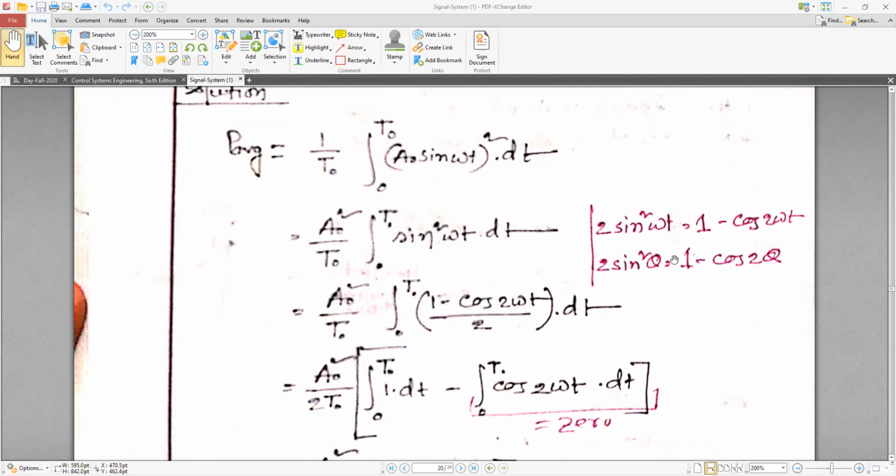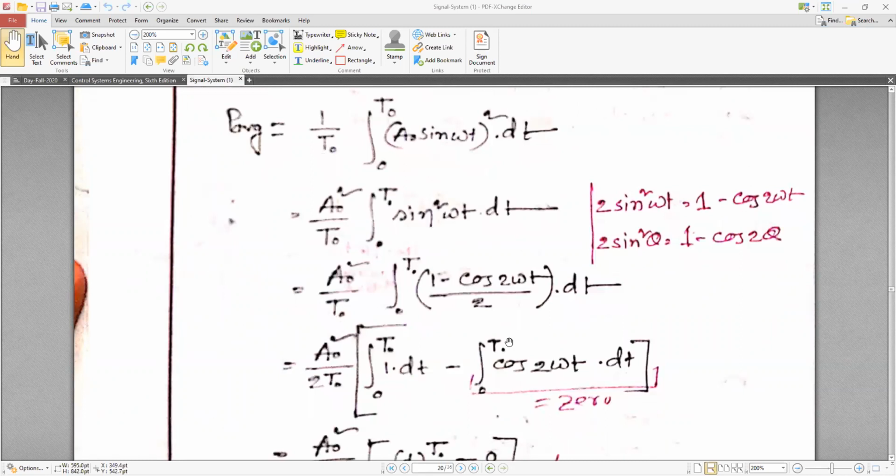That is the trigonometric equation. So sin squared omega t is (1 minus cos 2 omega t) divided by 2. Put this value here, and do some calculations.